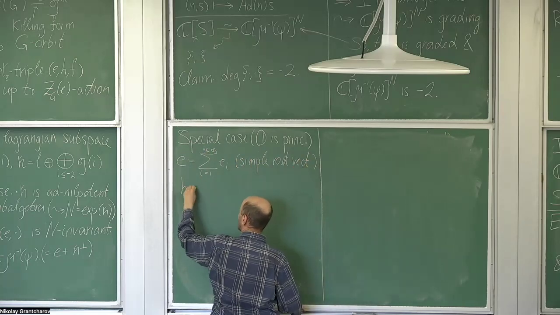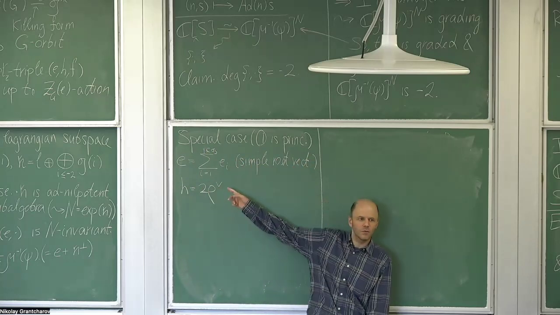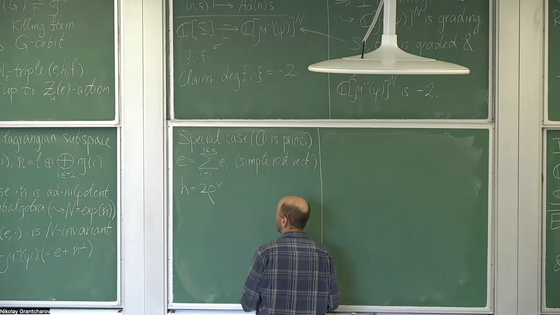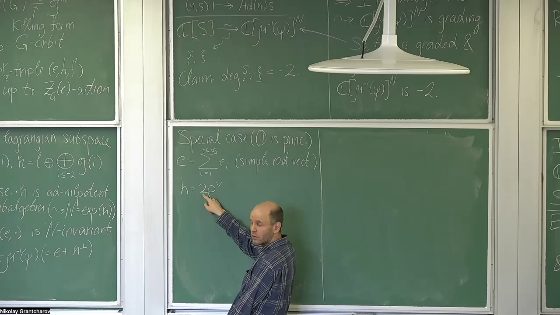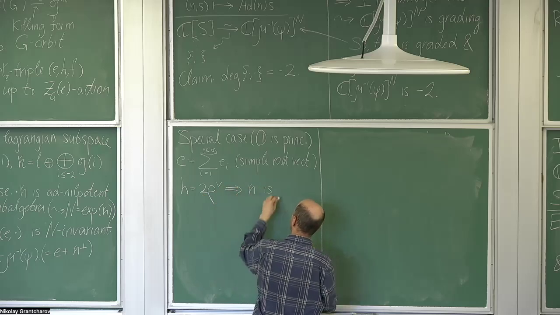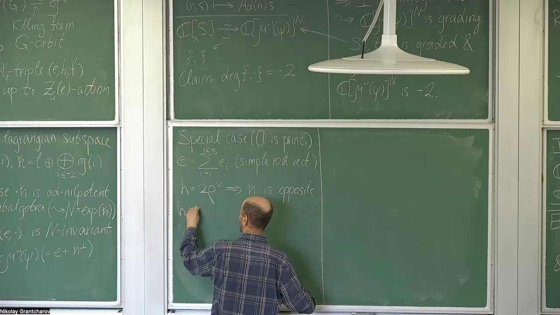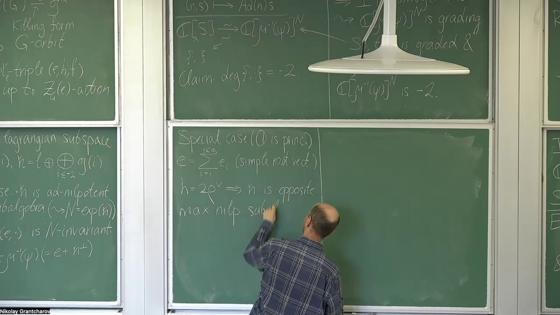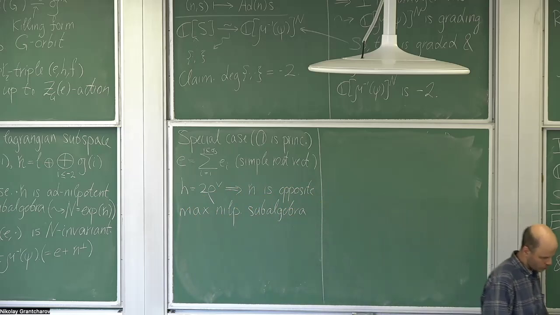And H is going to be the element rho check. Rho check is half the sum of all positive coroots. Then, because of 2 here, actually the grading is even, there are no odd components. And our N is the opposite maximal nilpotent subalgebra. Psi is what is called a non-degenerate character.